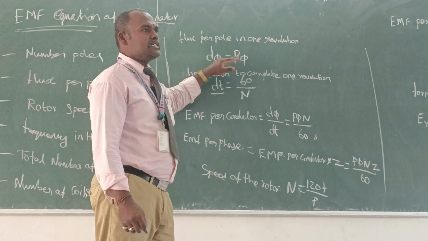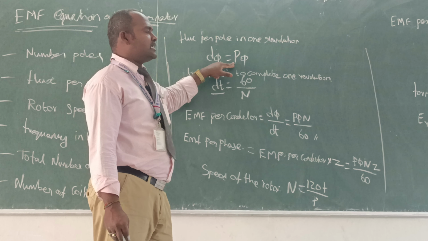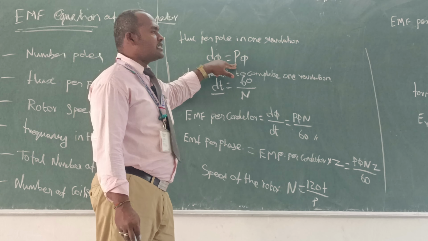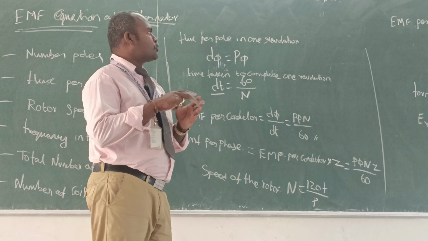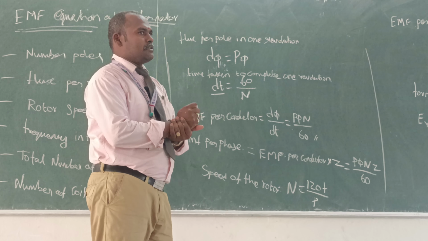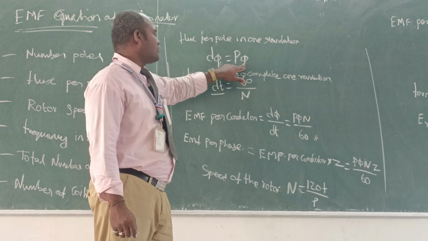The poles may be 4, 6 or 8, whatever it is. Poles are a collection of conductors grouped together to form a pole, either north or south.